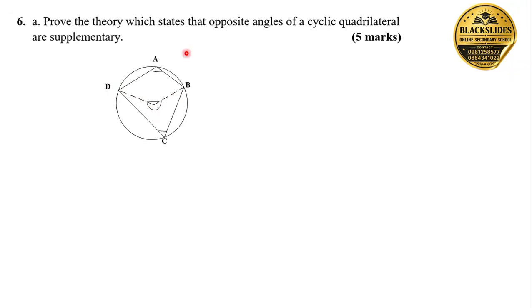Remember, a quadrilateral has 4 sides. So we need to prove that angle A plus angle C is equal to 180 degrees. That's the meaning of supplementary. Whatever we say now, we are going to be referring to this diagram. 5 marks.